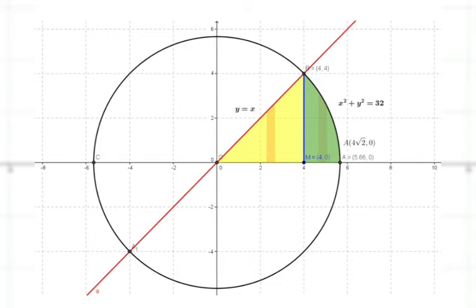Now, when x is equal to 4, y also should be equal to 4, because we are talking about the coordinates of the point B, and point B is on the line, and as we know from the equation of the line, the x coordinate and the y coordinate are always equal. So when x is equal to 4, y should be equal to 4, and therefore the coordinates of the point M should be 4, 0.